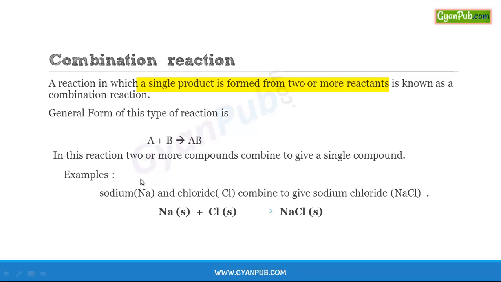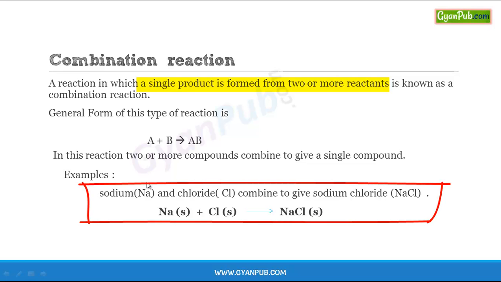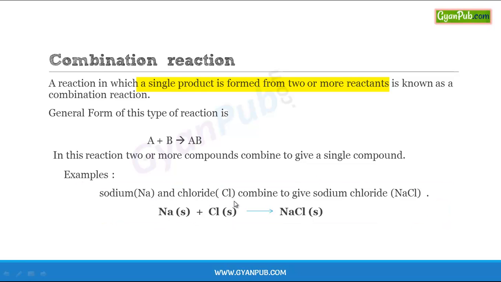For example, we consider table salt, that is sodium chloride. Sodium, whose chemical formula is Na, and chlorine, whose chemical formula is Cl, combine to give sodium chloride, that is NaCl. So sodium and chlorine combine together to give sodium chloride, and this is a combination reaction.